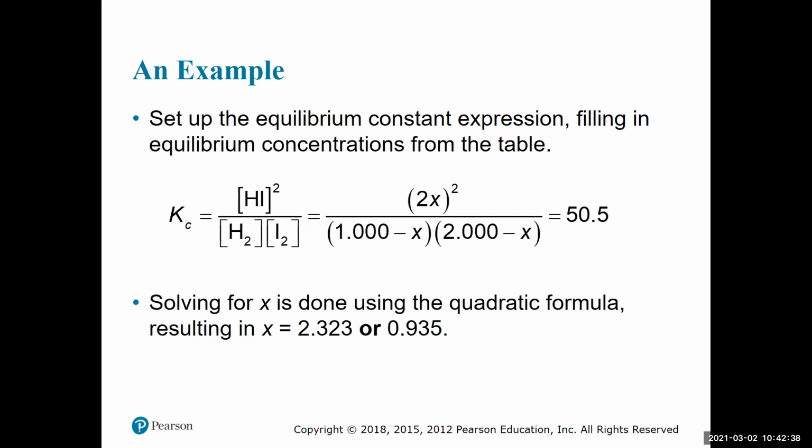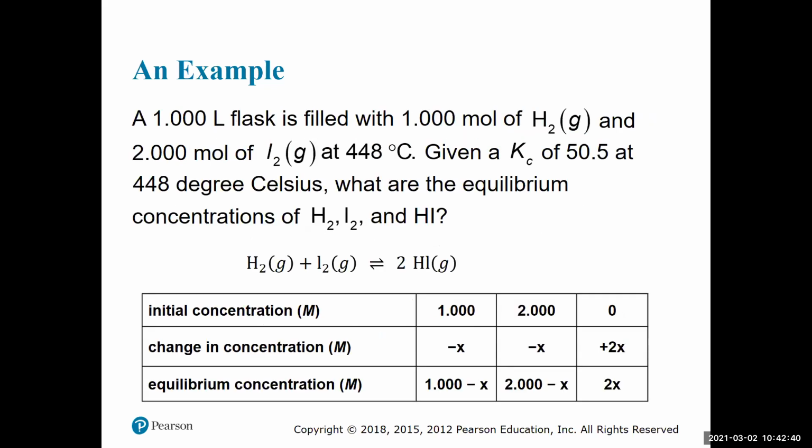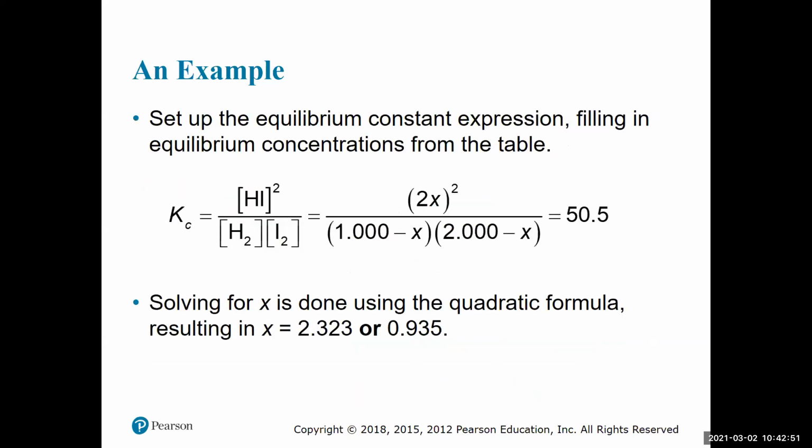So remember in our table, we had 1 minus X, 2 minus X, 2X as the equilibrium concentrations for our reactants and our products. And so we plug those in, so we have 2X squared over 1 minus X times 2 minus X equals our equilibrium constant, the 50.5. And then we would need to solve for X using that quadratic formula.